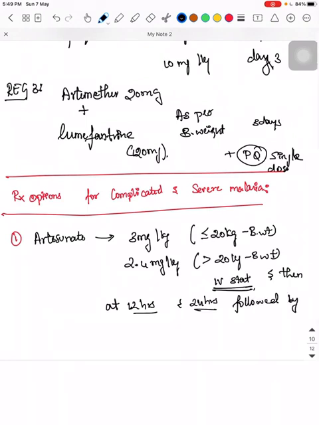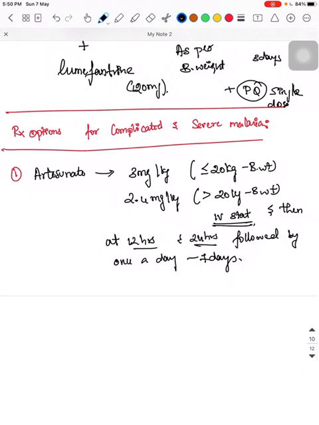It is given as IV stat, and then the same dose is continued at 12 hours and 24 hours, followed by once a day for 7 days.